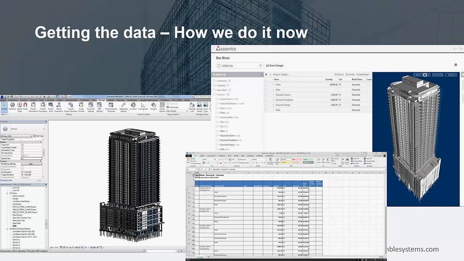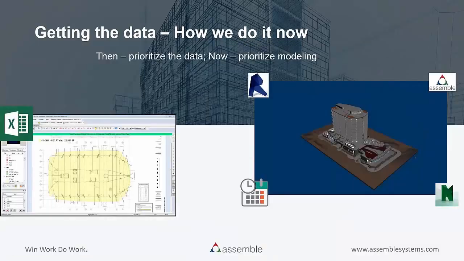We'll push them over to Assemble, and then the information will get right back to where the estimators like it, right back into Excel at the end of the day, that they can use it and manipulate it however they want. And that was a nice touch for the software, was that at the end of the day, the information got to where we were used to manipulating it to create the reports that we needed to create, the takeoffs that we needed to, and to be able to scope our subs and to work with our subcontractors.